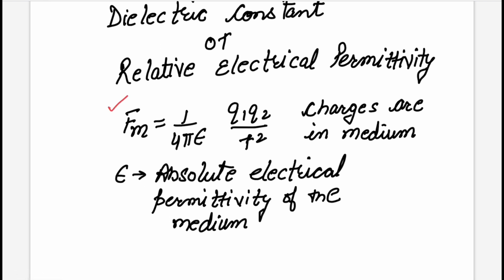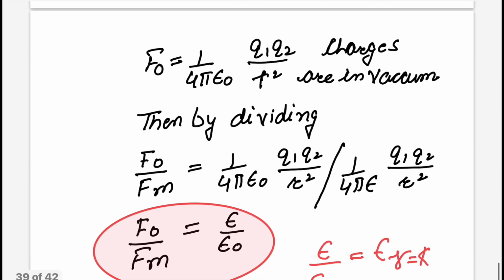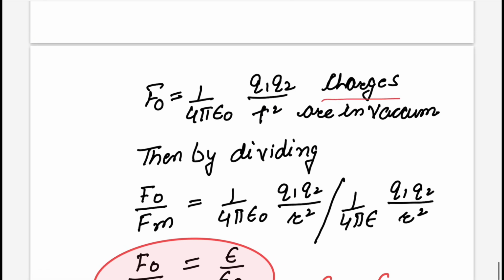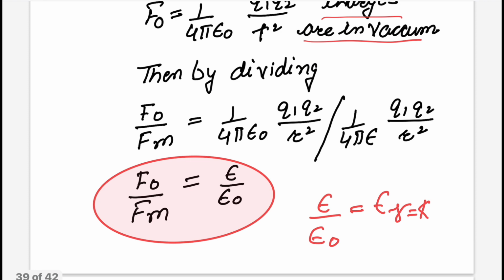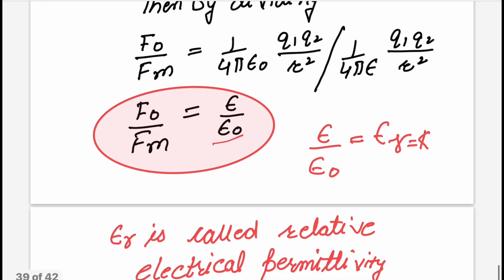The first is Coulomb's law when the charges are in medium. Fm represents the force between the charges Q1 and Q2 when they are placed in medium. Epsilon is the absolute electrical permittivity when the charges are placed in medium. Then F0 is the force when the charges are in vacuum. Then we divide both equations. We get F0 by Fm is equal to this, which comes out to be epsilon divided by epsilon naught.